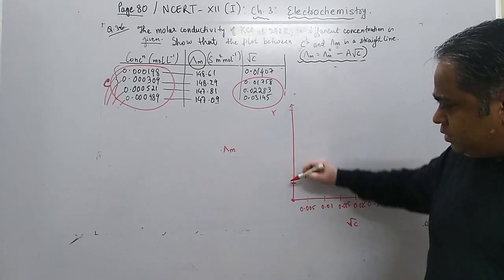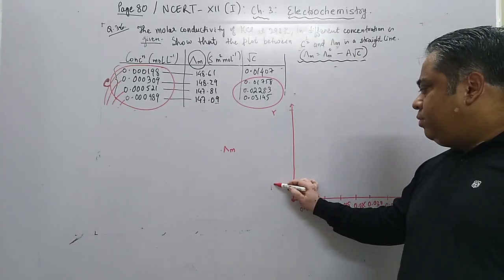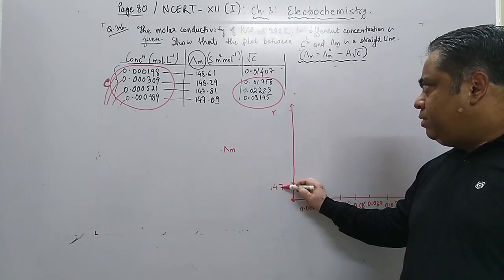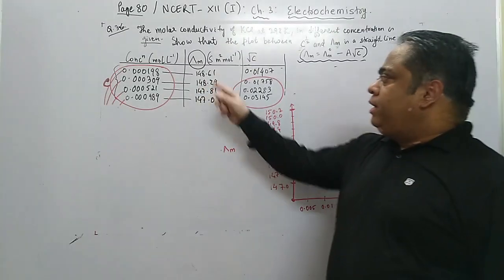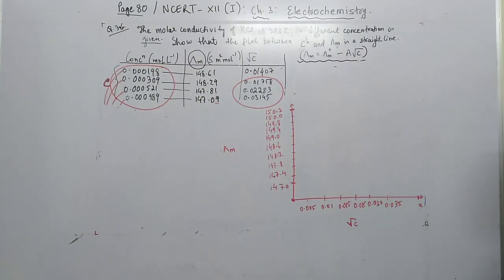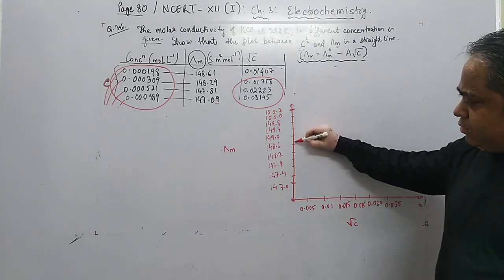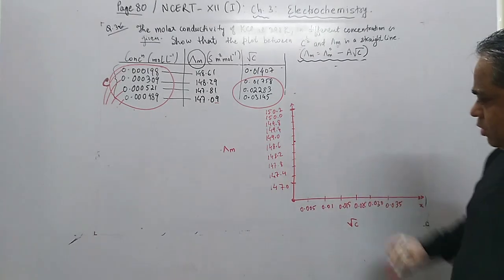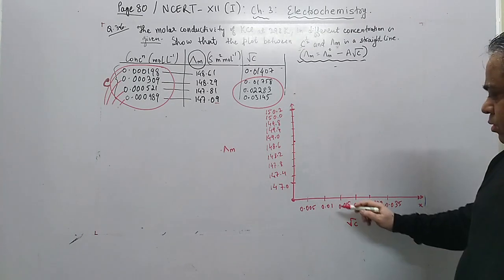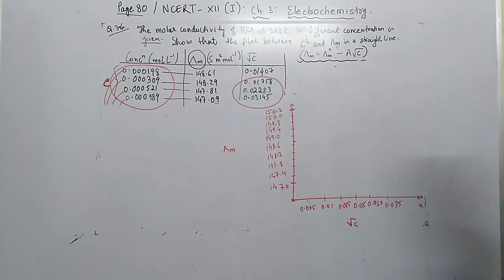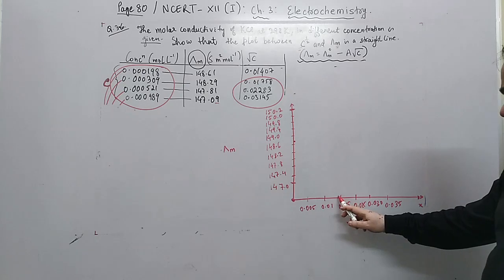Say this is 147, and say I take 148, and 148.61 will be somewhere here. Corresponding to this value, 0.014 would be somewhere here.